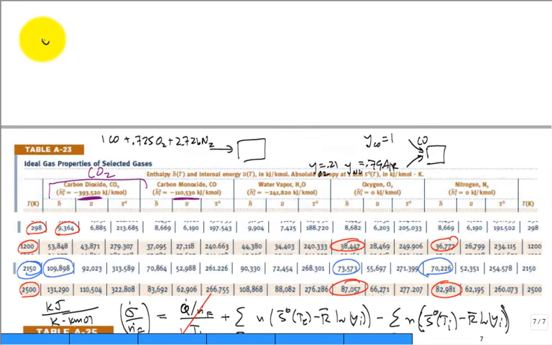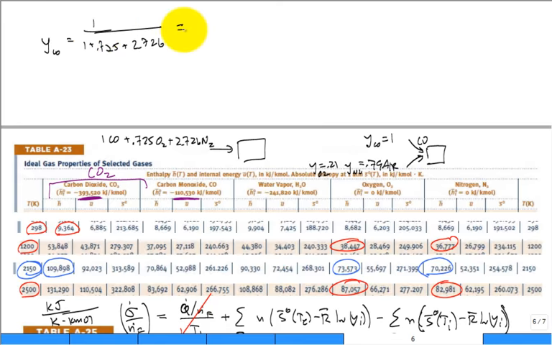Yeah, the mole fraction of the carbon monoxide would be 1 divided by 1 plus 0.725 plus 2.726. And I don't remember what that is. But that's not our problem. It wasn't already mixed before it went in. It's coming in a pure stream and in pure air. Okay?